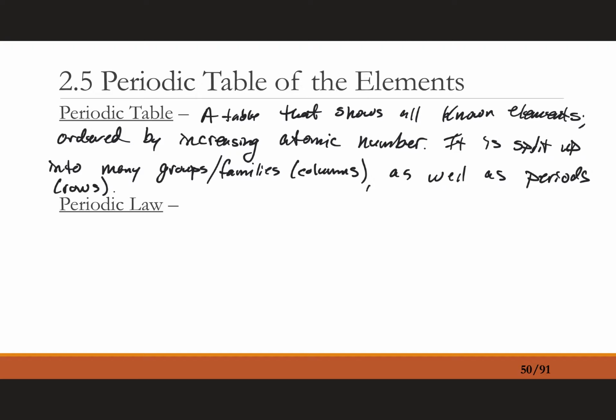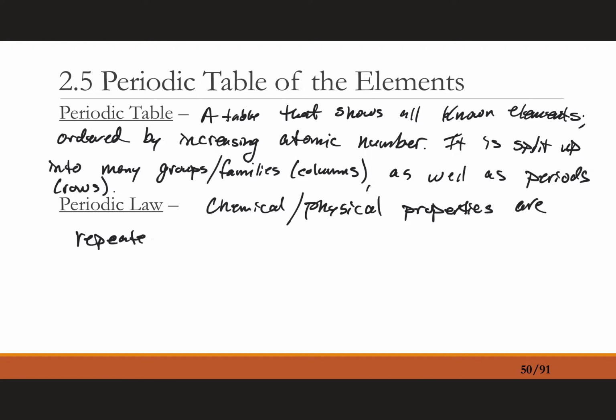Periodic law states that chemical and physical properties are repeated throughout the periodic table, hence why we call it periodic.